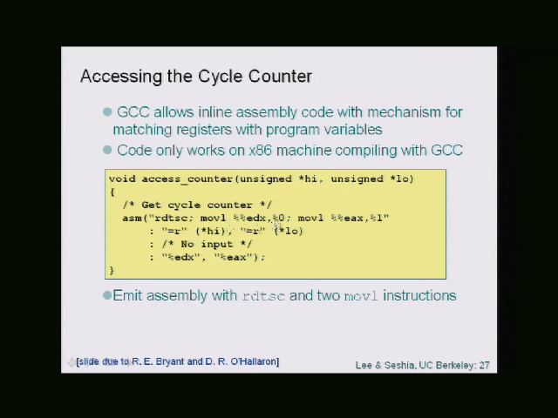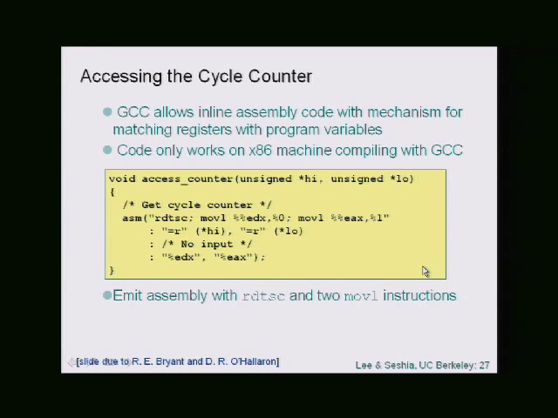Now this is actually the core code, and the rest of it is just wrappers around it. You wrap the ASM in a function, for example access counter, and this will return the high order bits in this location and the low order bits there. Once you've accessed the counter, it reads the values into the new cycle counter high and new cycle counter low, and this is just doing the subtraction.